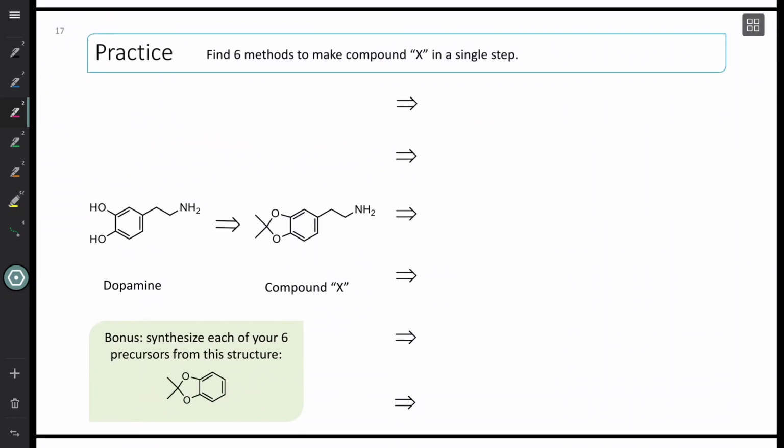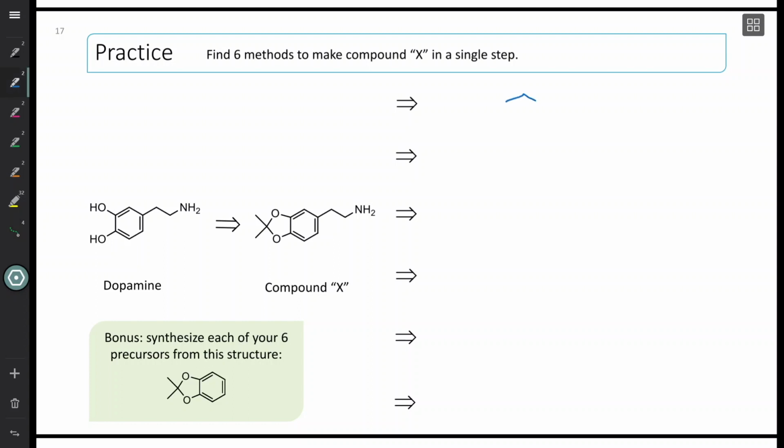Okay, this one is pretty fun. This is dopamine, right? And you can pretty easily make it from the hydrolysis of this acetal in compound X. So this exercise is to have you find all the different ways of installing this amine, right? There are 6 possibilities. So here's one, right?